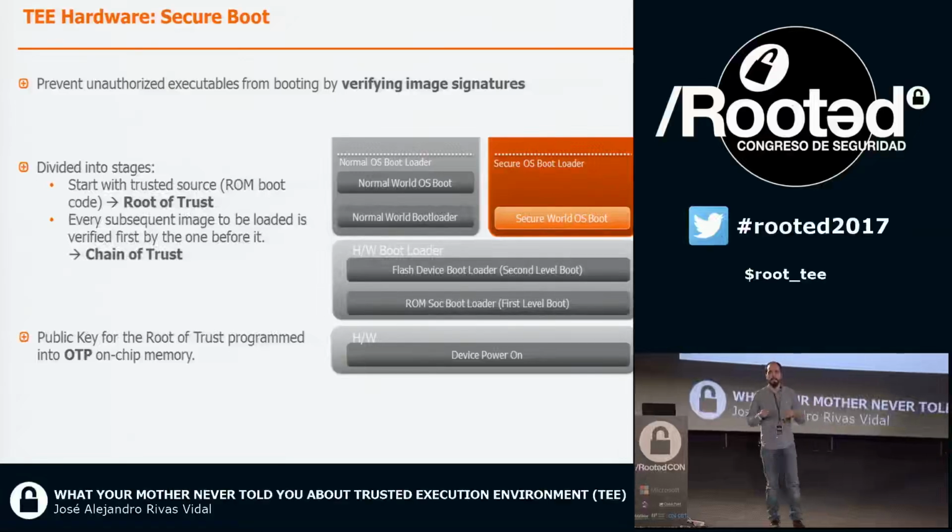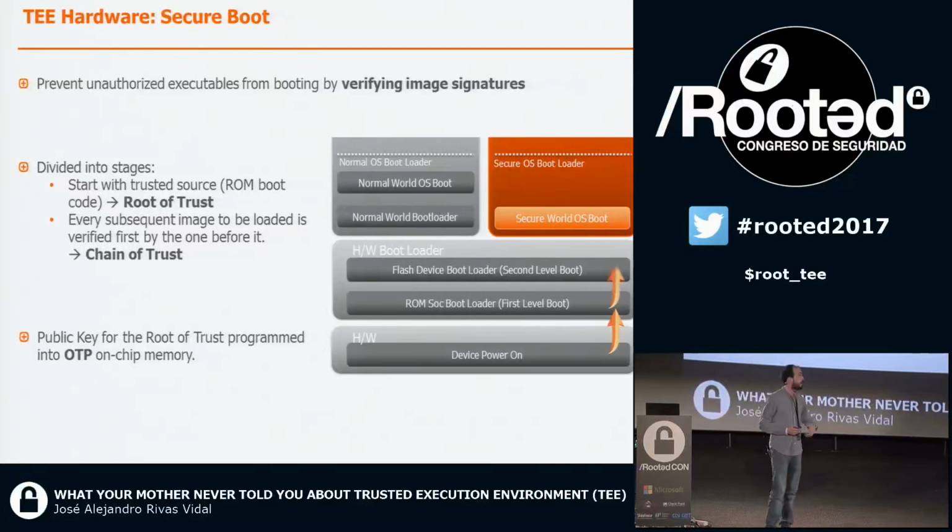What's all that about? Well, we need to begin with a trusted source that we call root of trust, and that's usually the image found in the ROM. Once it's started, the rest of the system images will initiate until we get to the user's operating system image.